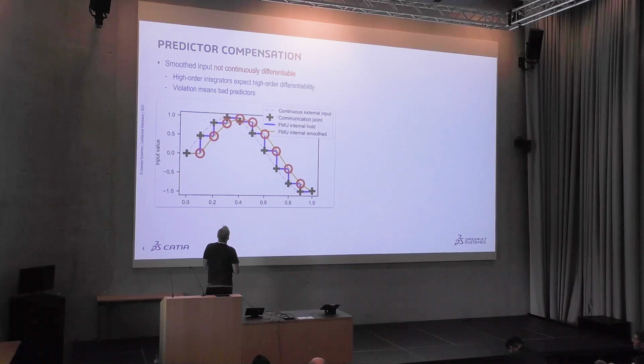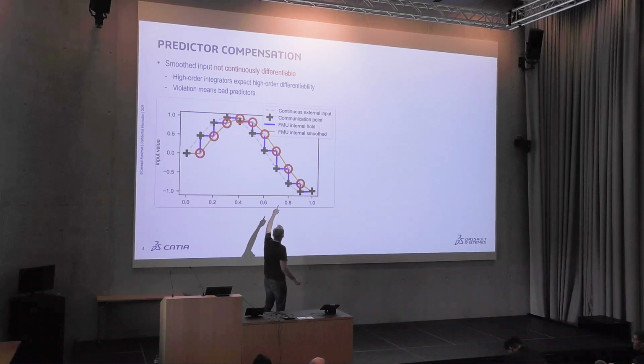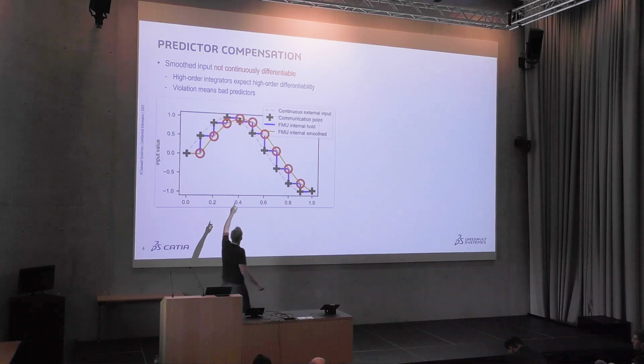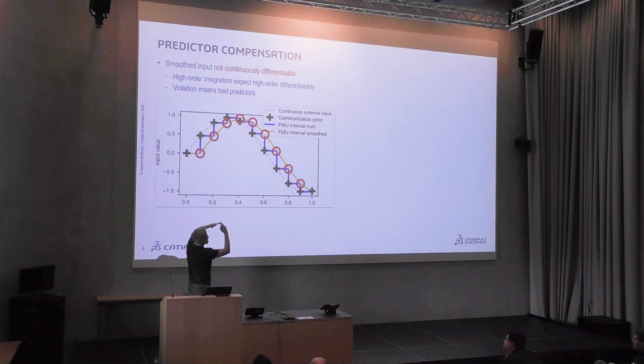And then we have another extra feature, which is called predictor compensation. So when you continue integration with, for example, Dassl or Sevode, over the communication points, it's not that easy to see maybe, but there are small knees in the yellow line, so discontinuous derivatives.